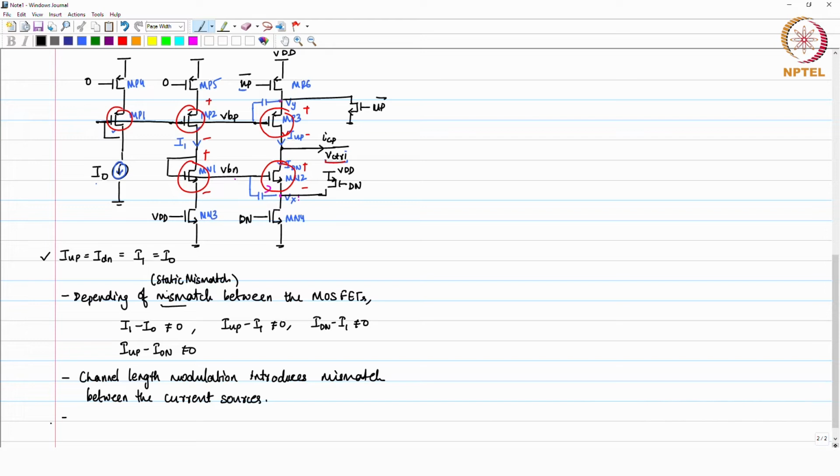The other one is when you are making a transition, when your up pulse, if you look at this I up and I down.